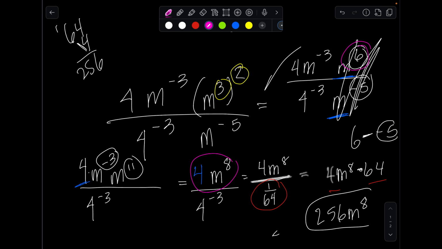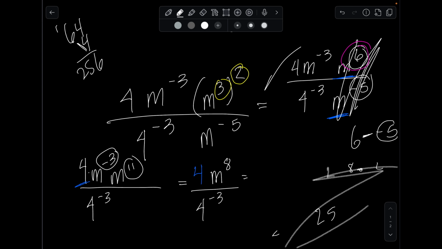So here you are right here, and here you are right here. 4 to the negative third power is the same thing as putting it up here as 4 to the third power. So that's another way you could have done it. So let me show you. Just so you can see it. I like GoodNotes better, by the way, y'all. I don't know why.